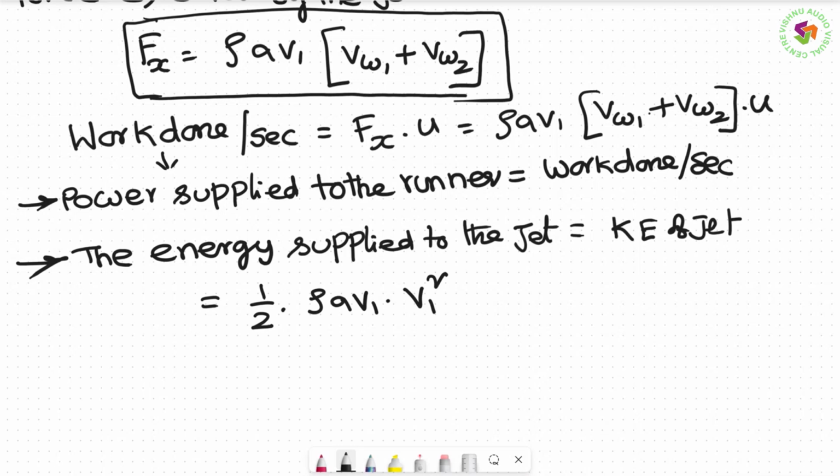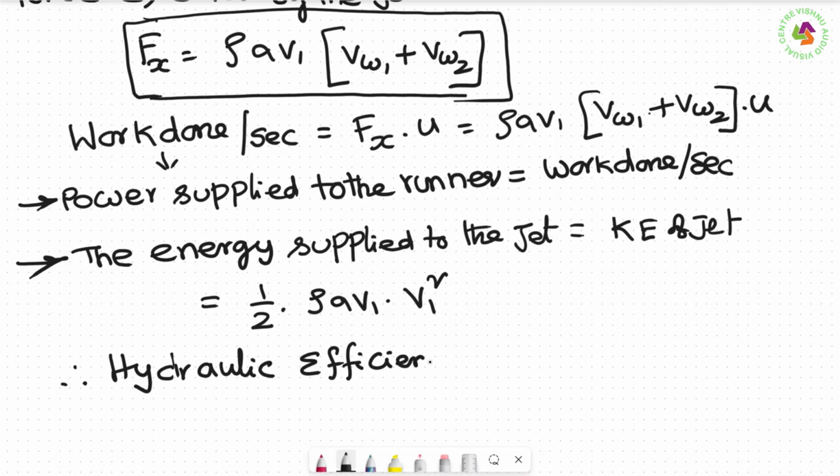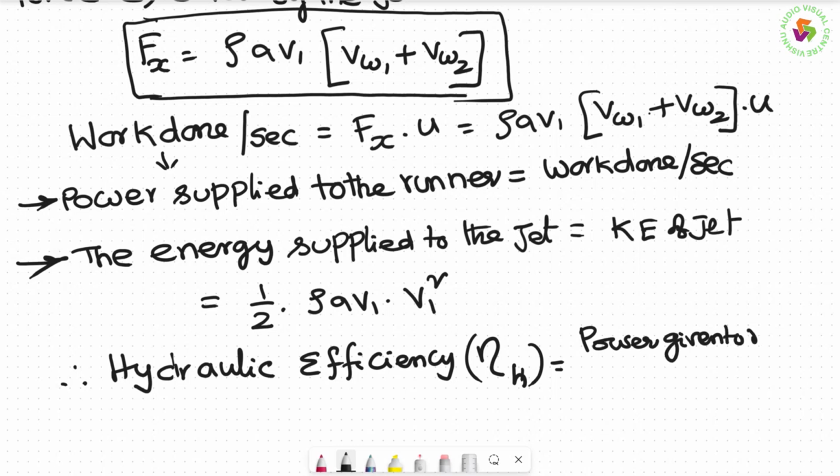So therefore, hydraulic efficiency is equal to power given to the runner divided by kinetic energy of jet.